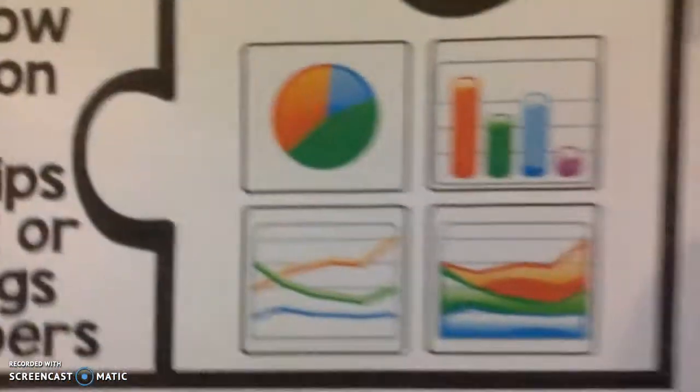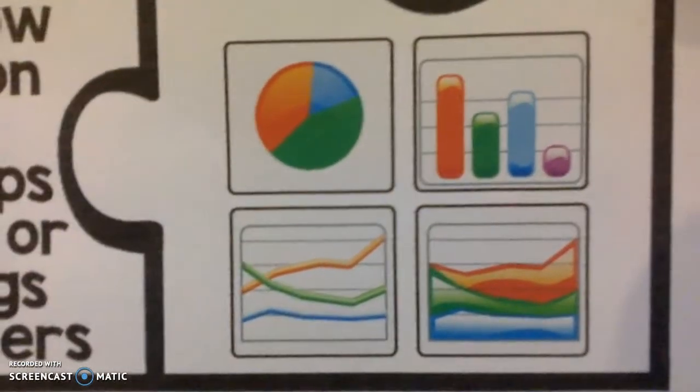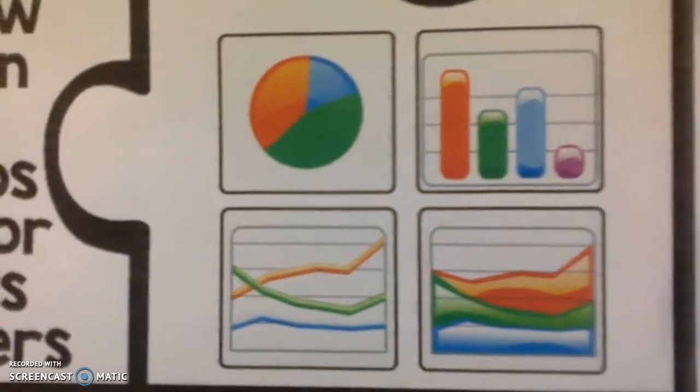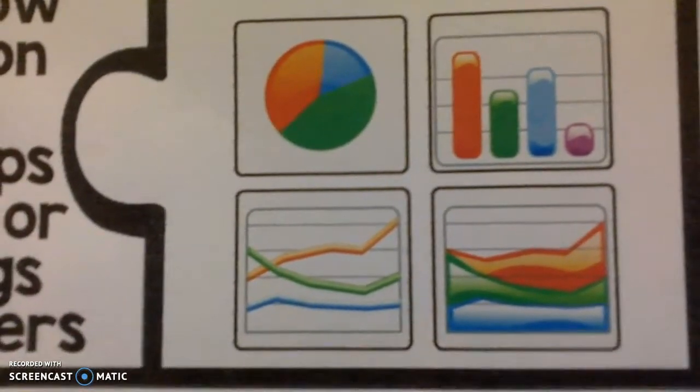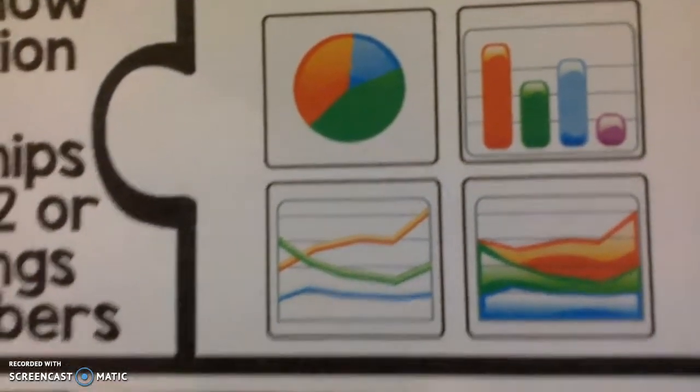These are what graphs look like. You can have lots of different graphs. You can have a pie chart graph, which is right there in the top left. You can have a bar graph. You could have a line plot. You can have all sorts of graphs. But do you see how they help you compare the different colors? That's why graphs are important.